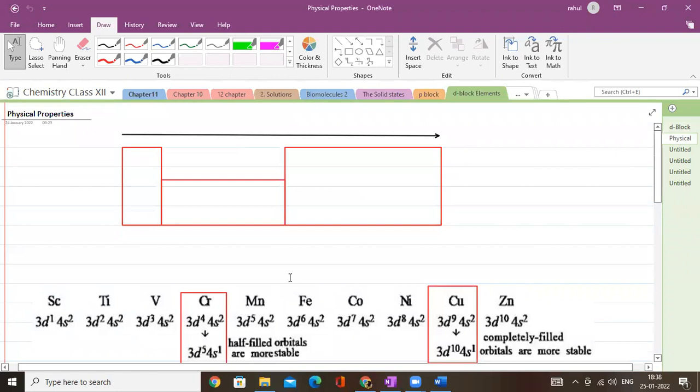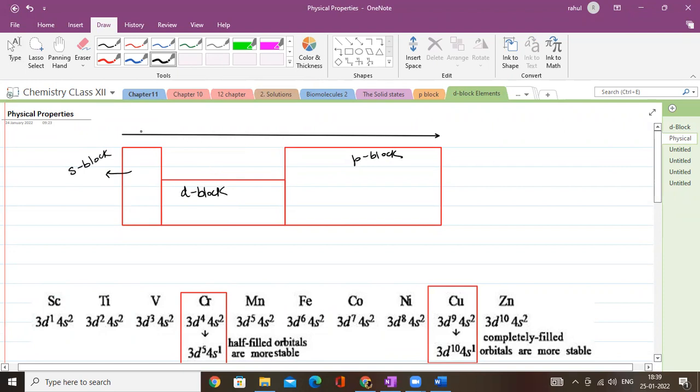Now, if this is the periodic table, this is the s block, this is your p block, and this is your d block, of course, the transition elements.